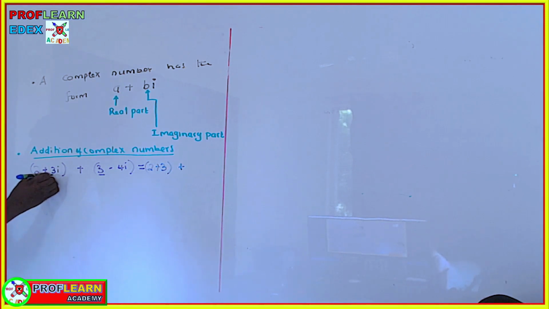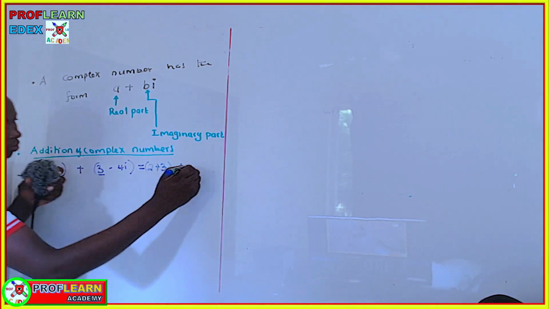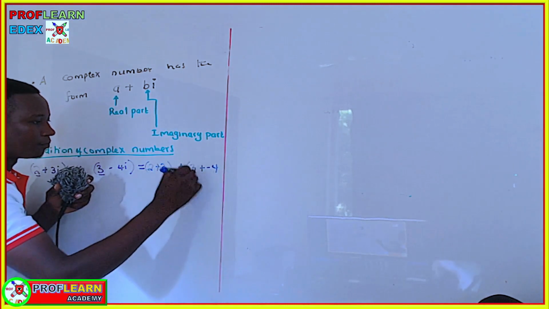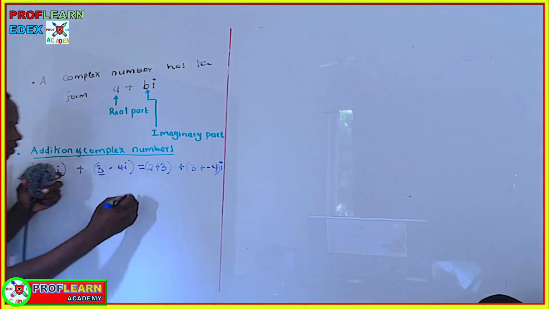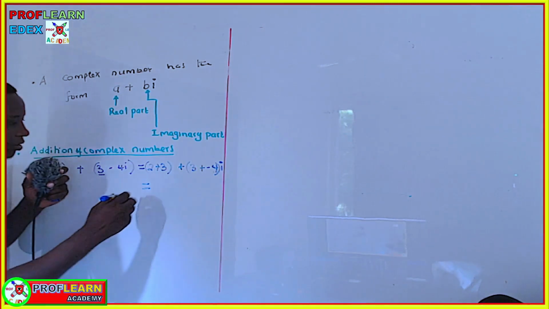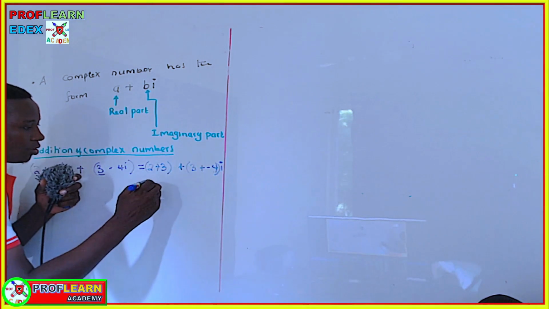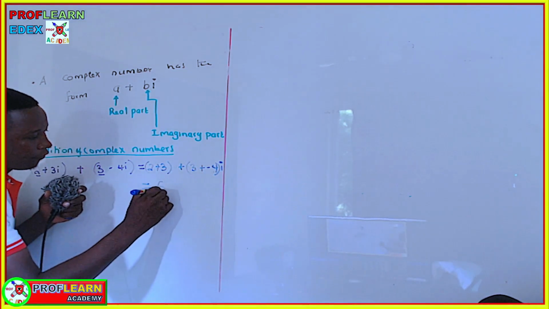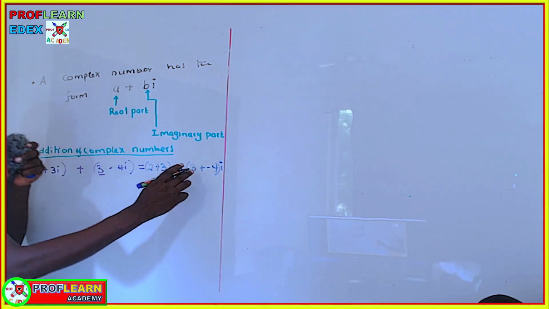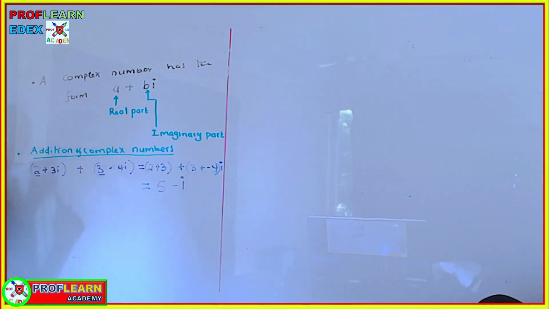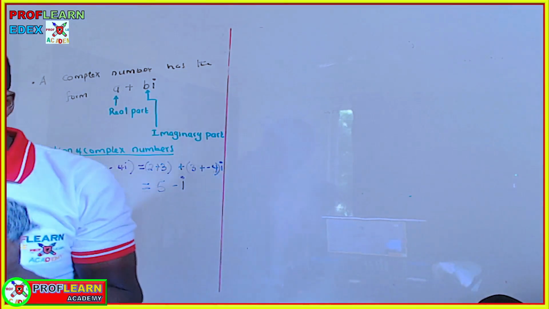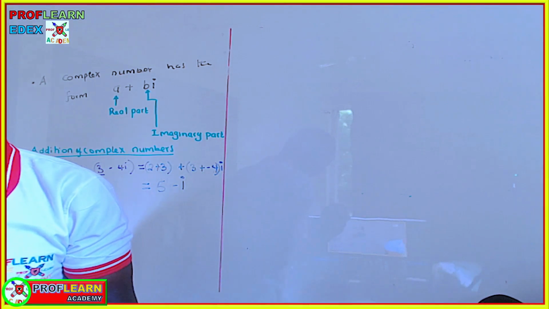The imaginary parts are 3 and negative 4, so this is going to be 3 plus negative 4i. If we work this out, the answer is going to become 5 minus i, because 3 plus negative 4 gives us negative 1, and this becomes our final answer in that case.